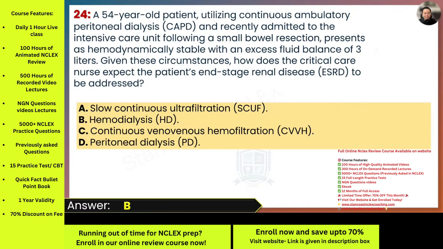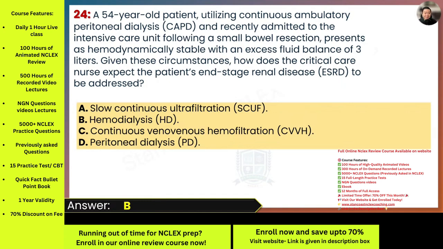Now, what is letter A? Why is this incorrect? Well, the SCUF is designed to remove fluids from patients who still have some residual kidney function, but it does not address the removal of waste products like urea and creatinine.